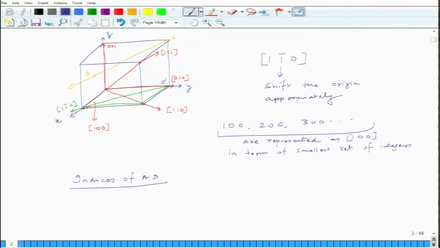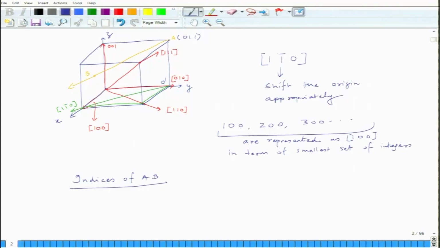One way is to determine the coordinates of these points. The coordinates of this point are 0 1 1, right.